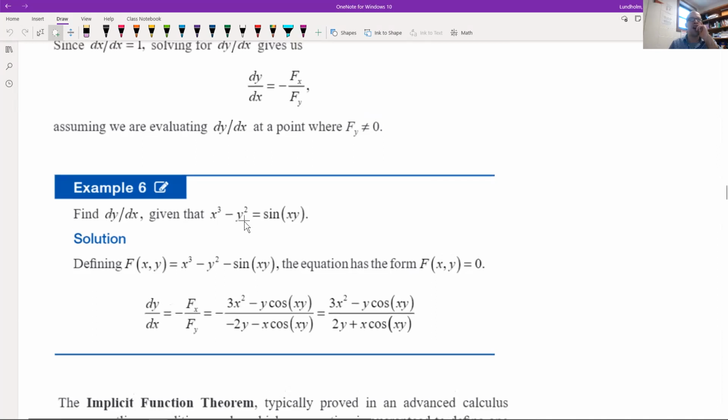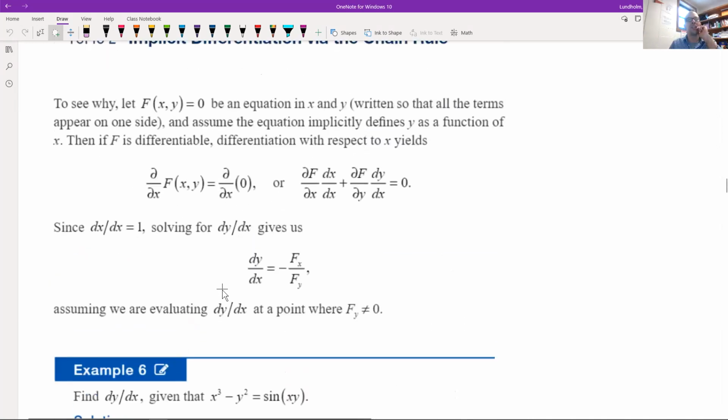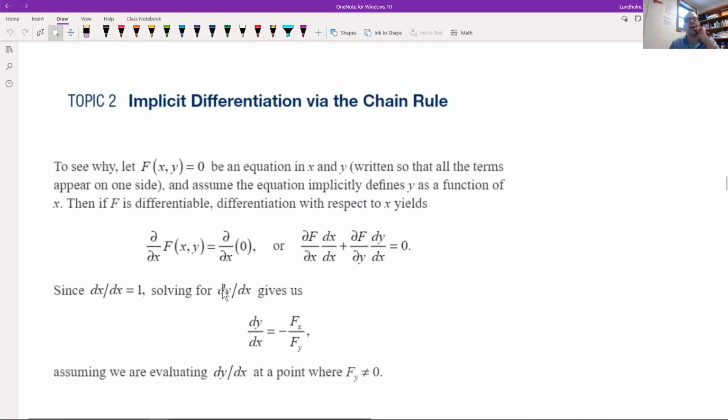But there's a cool relationship here that allows you to express the derivative as a ratio of two partial derivatives. The idea is you get everything with all of the variables onto the left-hand side and make it equal to 0.